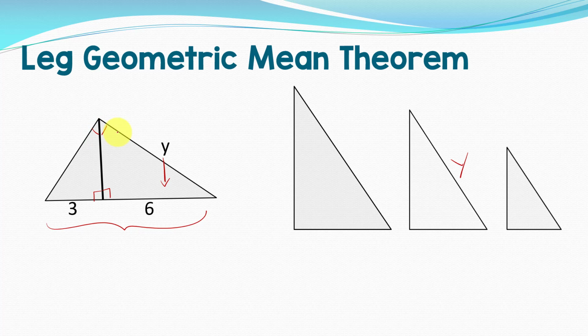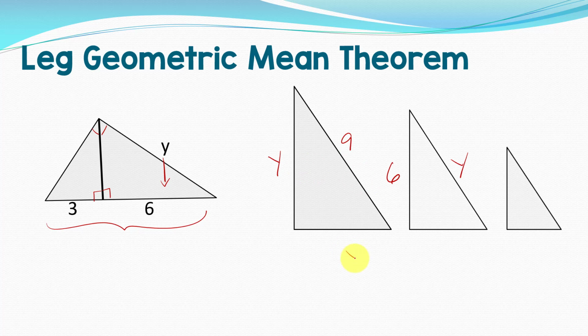That's the right angle. 6, let's see, y is there, and it's also the tall side here. 6 is the tall side of the medium triangle, and we don't need 3 on its own because that would put us into a third triangle. We want to compare 2 triangles. We need the total length, so that's 9, which is the hypotenuse of the big triangle.